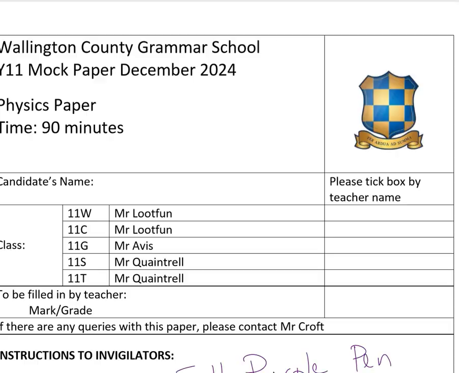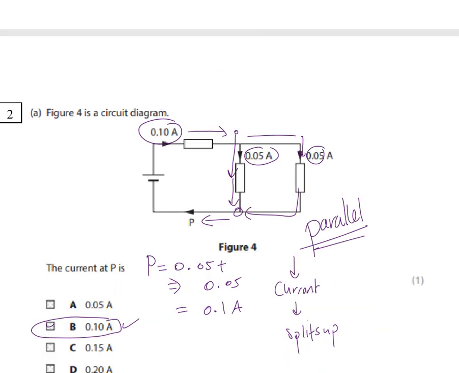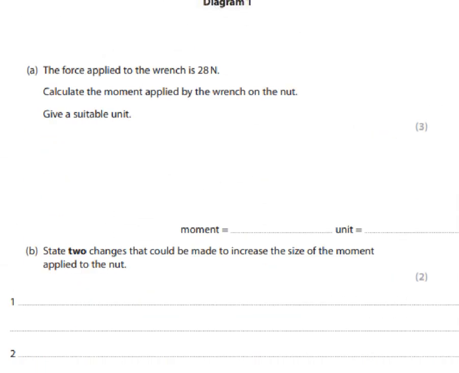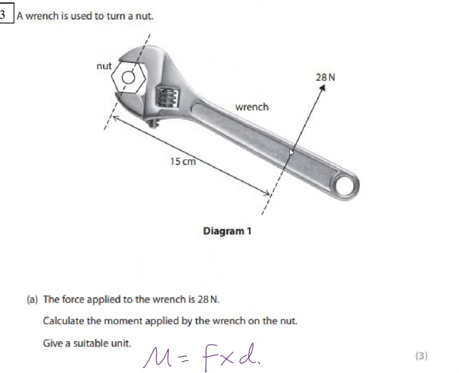Let's go back quickly. Moment is force times distance. Force 28, distance from the wrench is 15, so this is going to be 0.15 there.